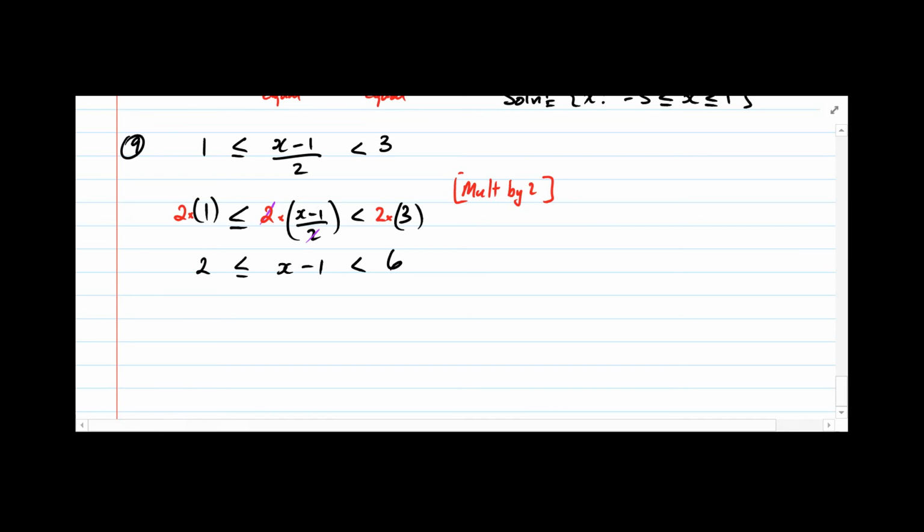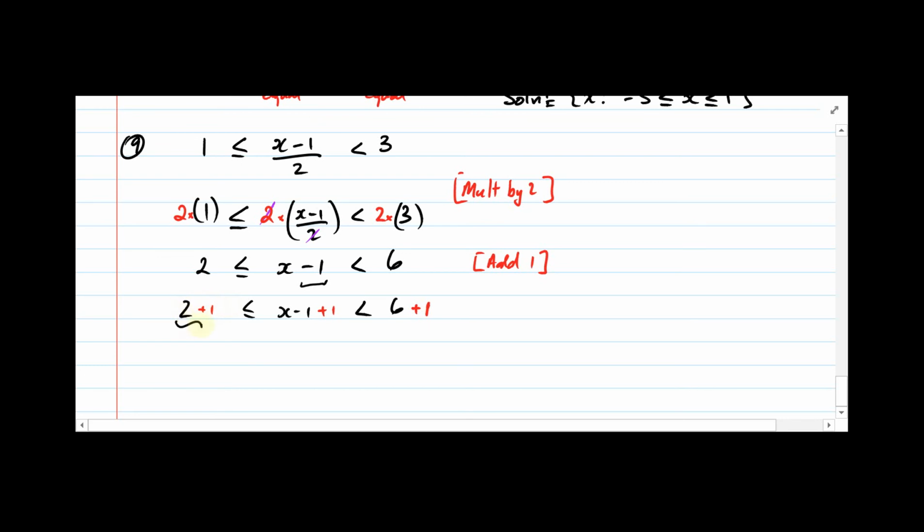The next step is that I want to get rid of the minus 1. The opposite of minus 1 is adding 1 to each part. So if I do that, I would have plus 1, plus 1, plus 1. And let's see what we have.